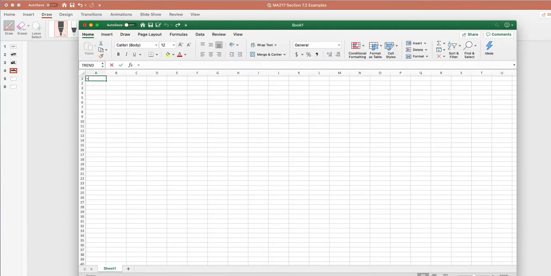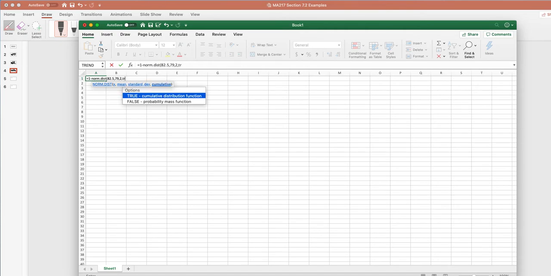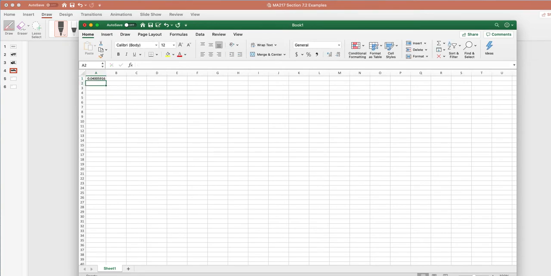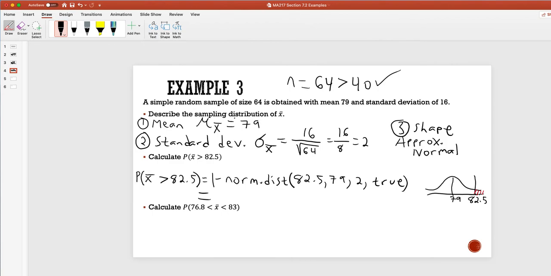This is going to be equals 1 minus norm.dist of 82.5, 79, 2, and true. Typing that in gives us a probability of about 0.0401 rounded.